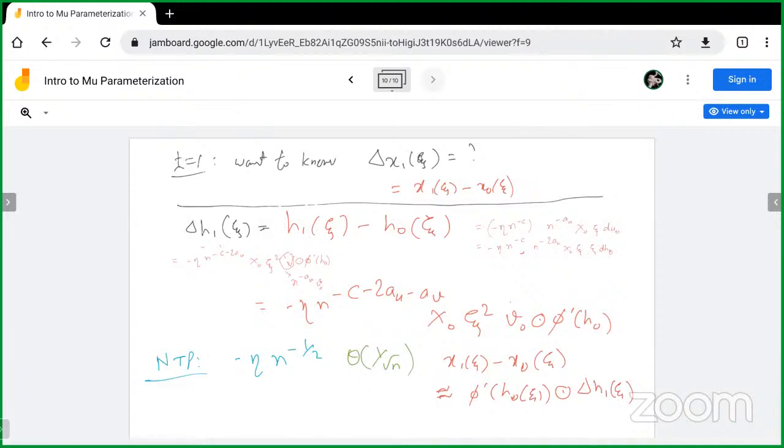So therefore it should be of the same order, and so basically all the activations are theta of 1 over root n.